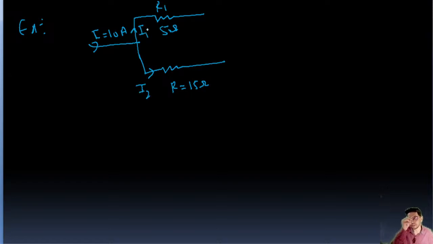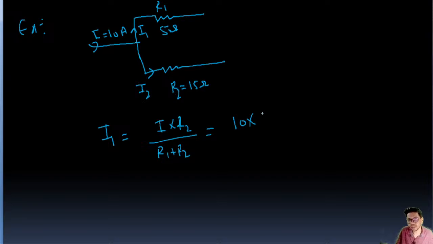So from here we can find I1 means I into R2 upon R1 plus R2, right? So I means 10 into R2, which is 15, upon 5 plus 15. If we solve it, this value is going to be 7.5 ampere.